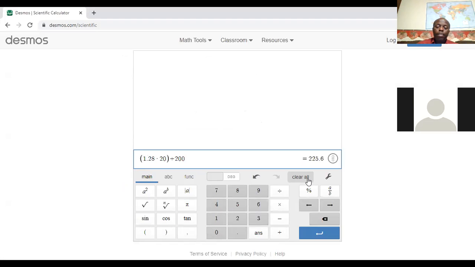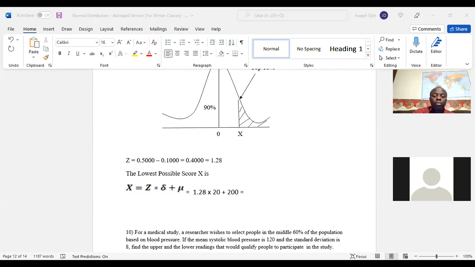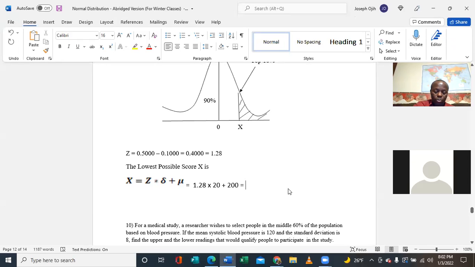That will be the lowest score to qualify. That means the cutoff score. So anybody that scored 225.6 or more will qualify to be in that academy. 225.6 points.